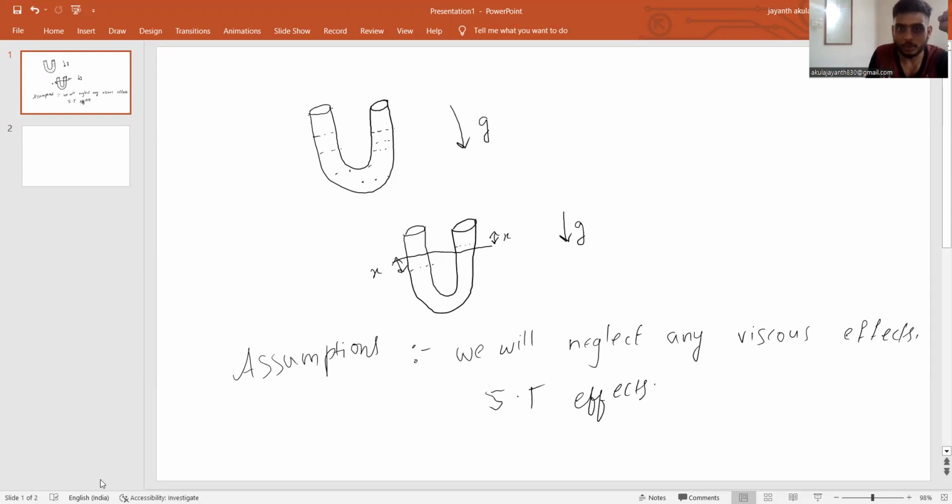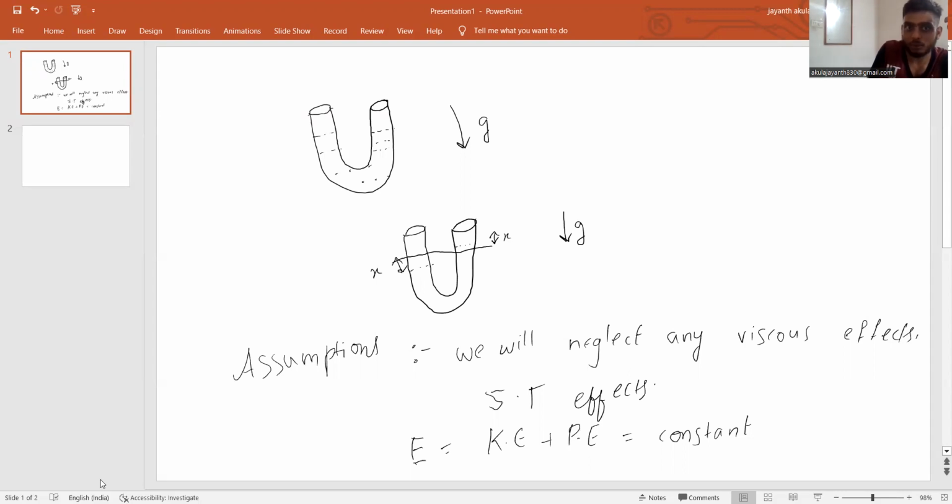This is our assumption. So now we can say that the total energy, which is the kinetic energy plus the potential energy due to gravity, is equal to a constant, because there is no heat loss and the glass doesn't do any work. I mean, the glass applies the normal force on the liquid, but it doesn't do any work.